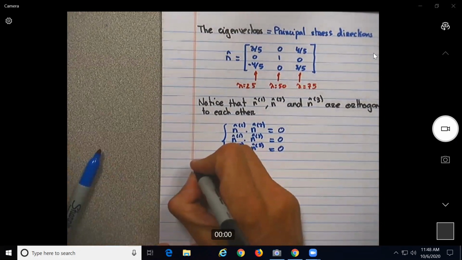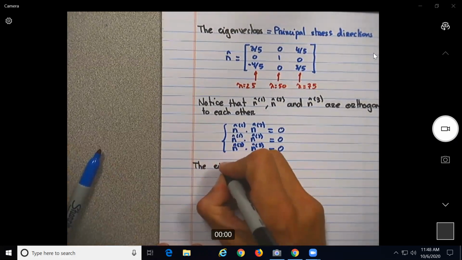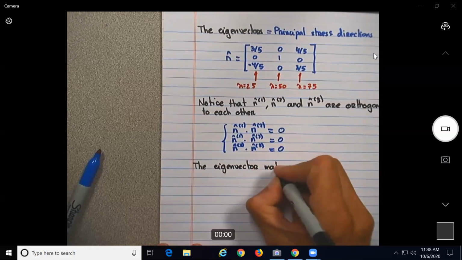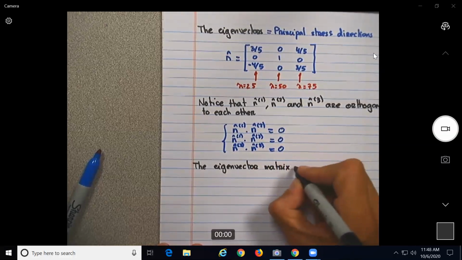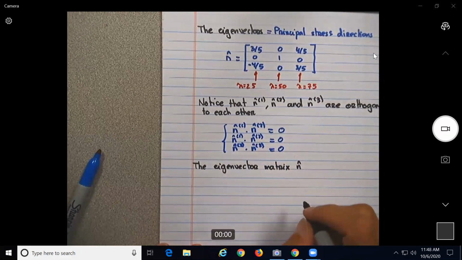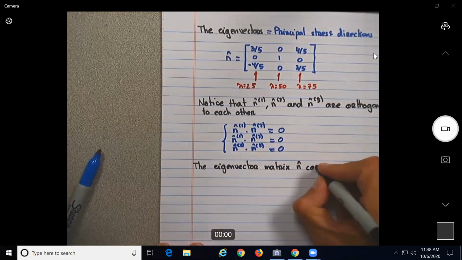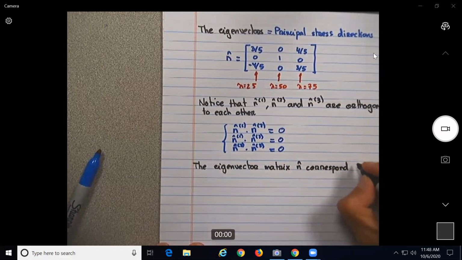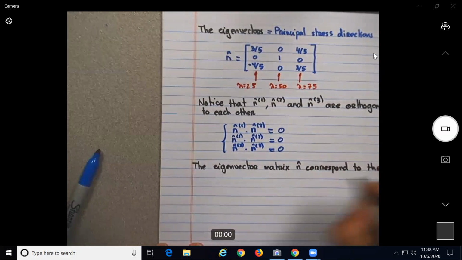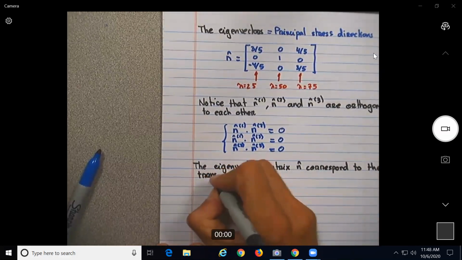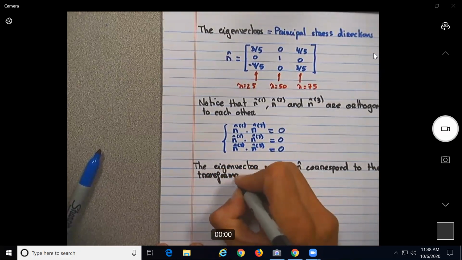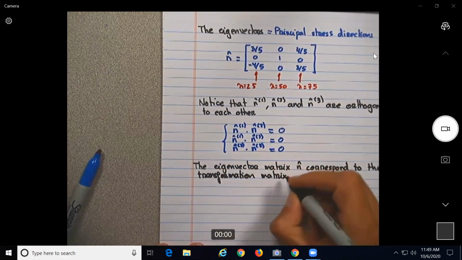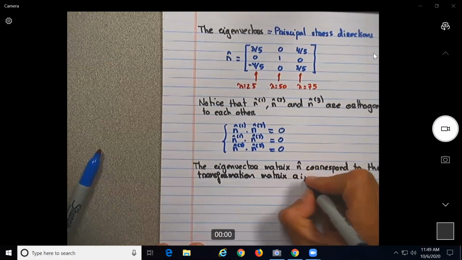So now, the eigenvector matrix n hat corresponds to the transformation matrix Aij.